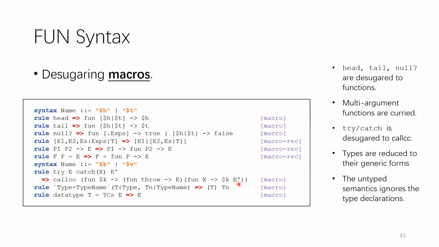So we evaluate the catch block, but the parameter X has been instantiated by the value V that we throw. The $k is the original continuation. So we'll start to evaluate E prime, the catch block, but X is replaced by the value V that we throw. So in one rule, we desugar try-catch into callcc.